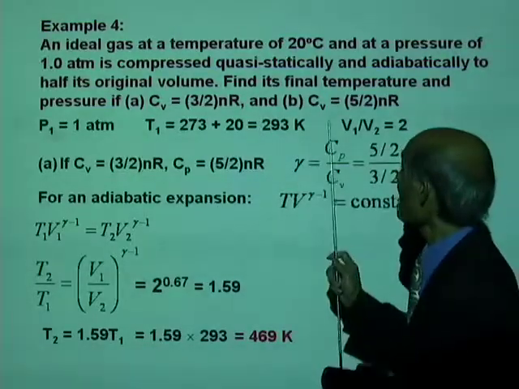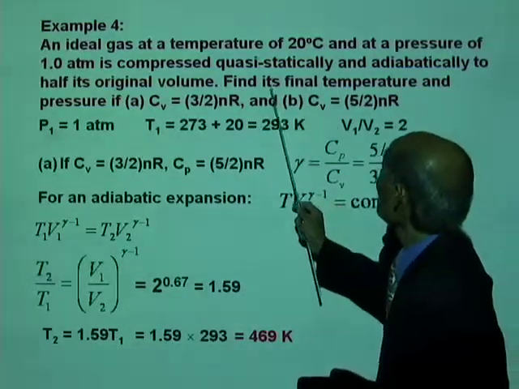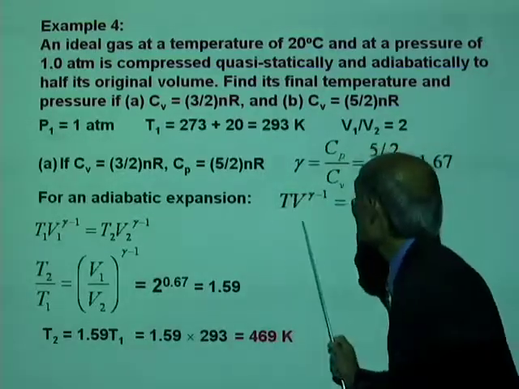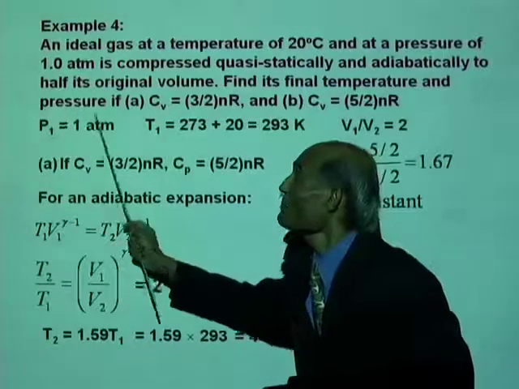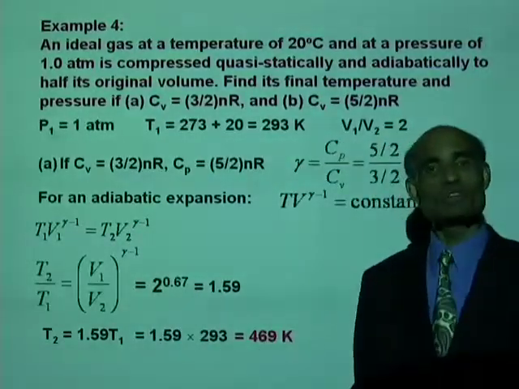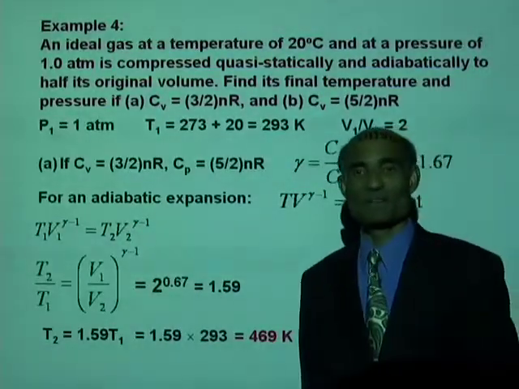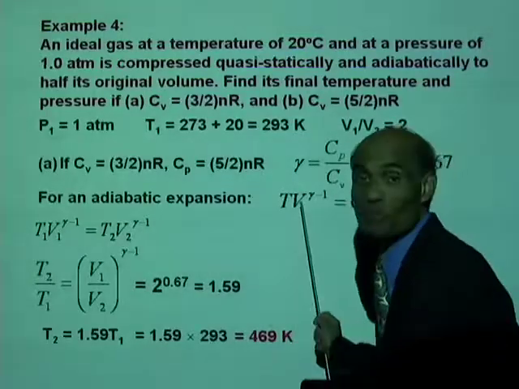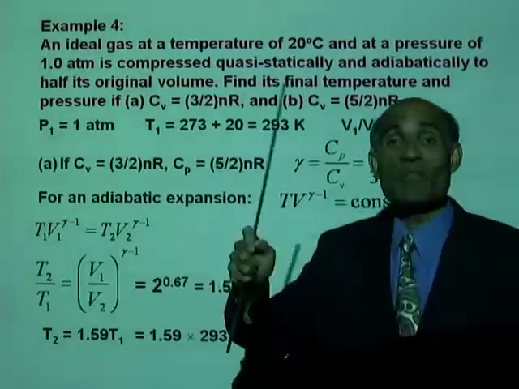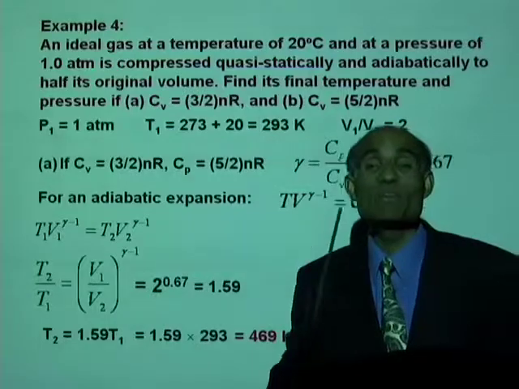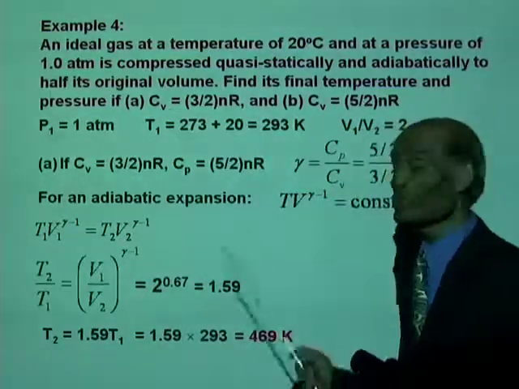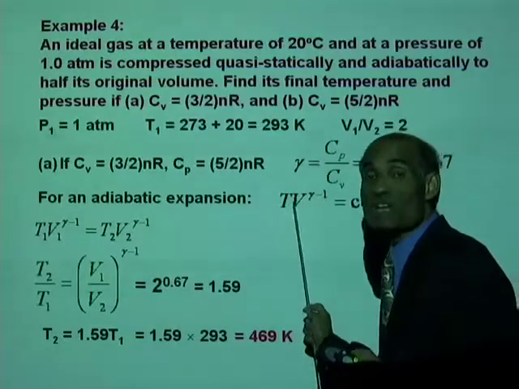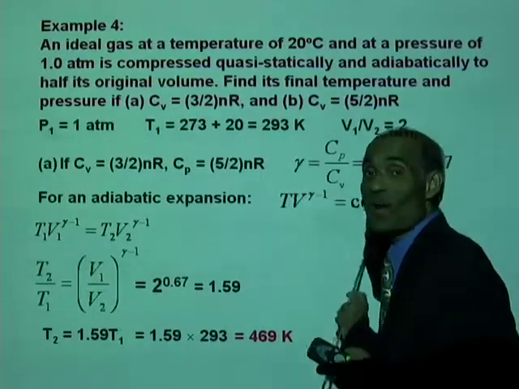Alright, to find the final temperature, we used this equation. Now, we want to find the final pressure. What would we do? Well, to find the final pressure, we use the other equation. PV to the power of gamma is a constant. Now, don't confuse between here. TV to the gamma minus 1 is a constant.